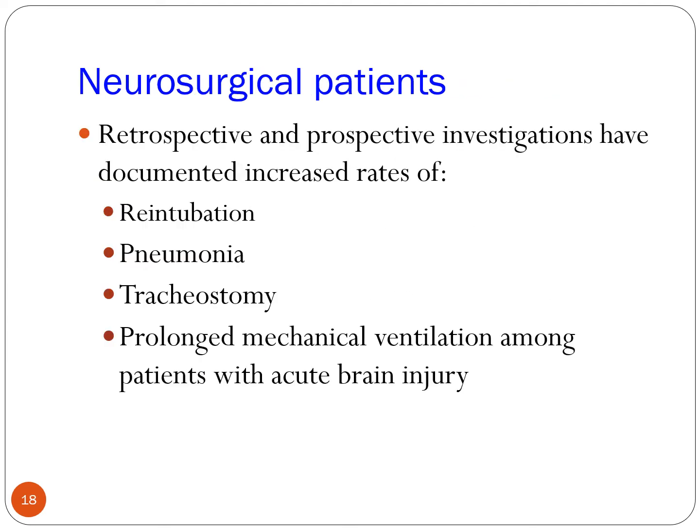With neurosurgical patients, retrospective and prospective investigations have documented increased rates of reintubation, pneumonia, tracheostomy, and prolonged mechanical ventilation in patients with acute brain injury. So bottom line, this population of patients are difficult weans, and some of the tools I'm going to show you later can help you get these patients off the ventilator.